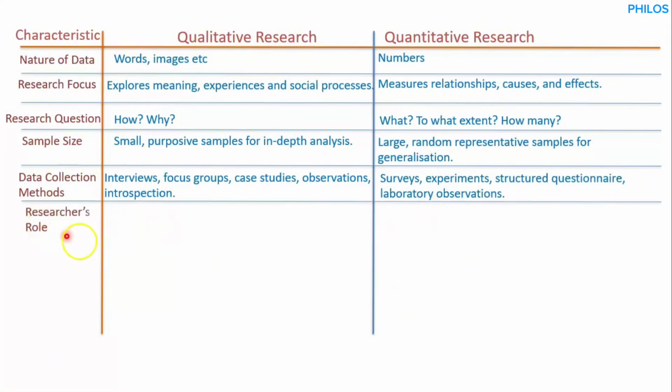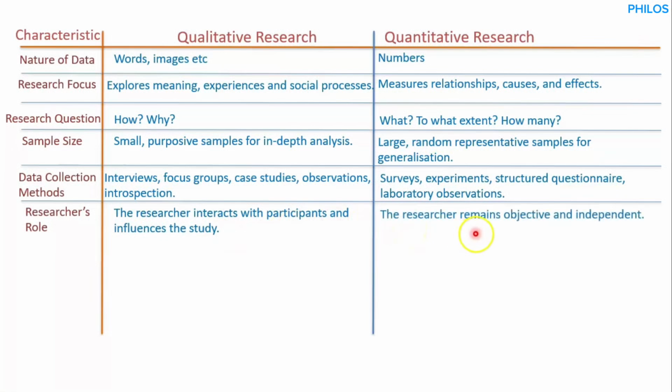Then based on the role of the researcher, in qualitative research, the researcher interacts with participants and influences the study. So the researcher can interact with the participants, especially during interviews. So he can influence the study. But in quantitative research, the researcher remains objective and independent.